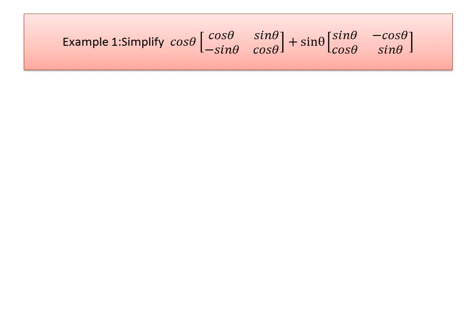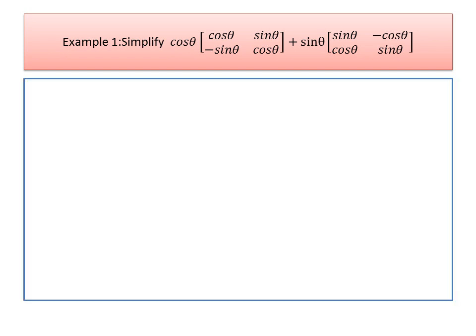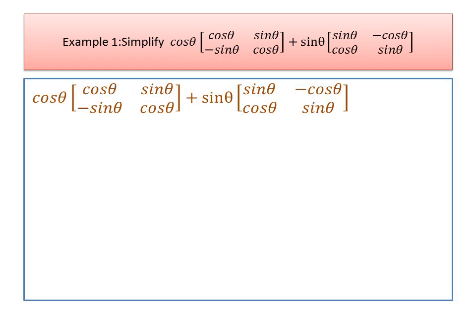Simplify cos theta times the matrix [cos theta, sin theta; minus sin theta, cos theta] plus sin theta times the matrix [sin theta, minus cos theta; cos theta, sin theta].